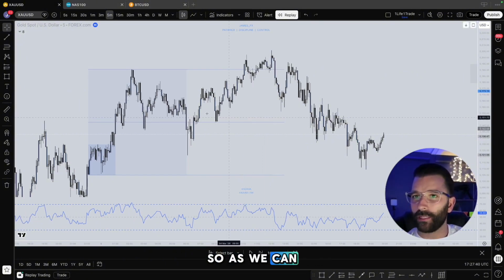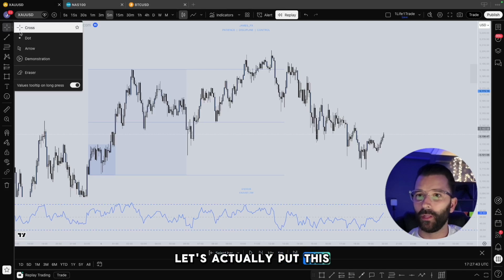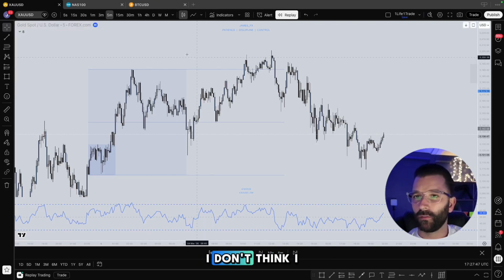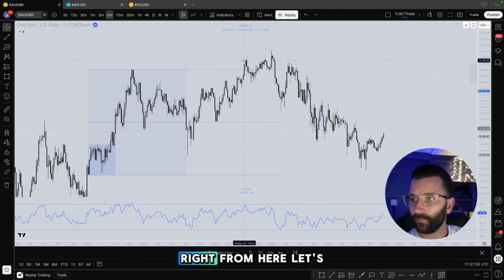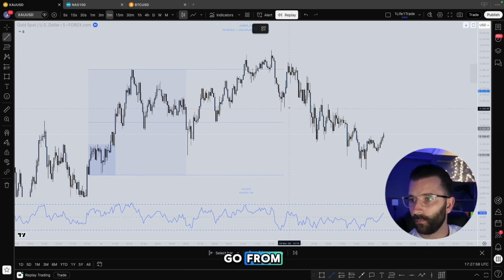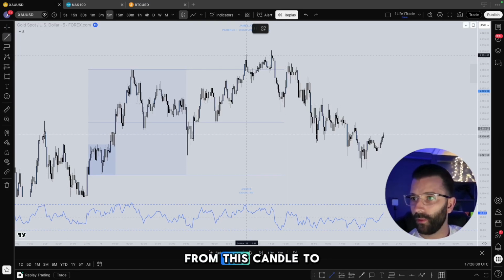Right, so as we can see, let's actually put this on. Can I change that to a line? I don't think I can. Right, you can see my line there though. So can you see this candle here? Let's go from this candle to this candle.